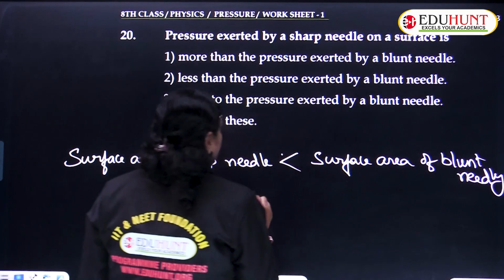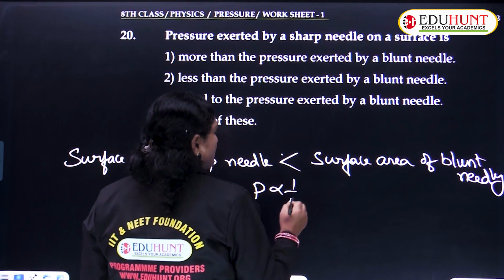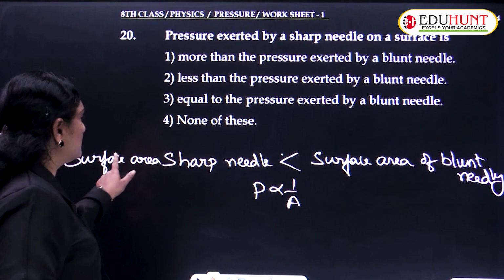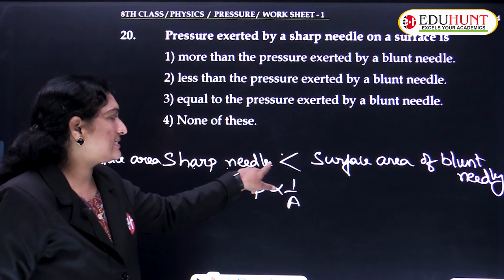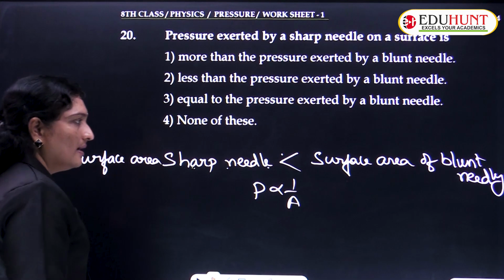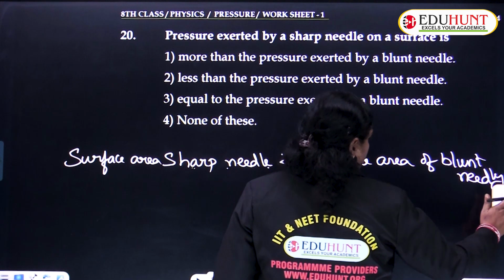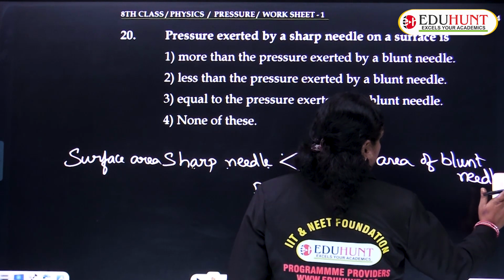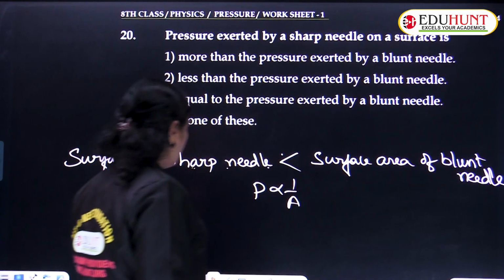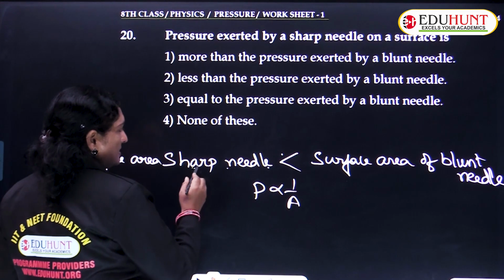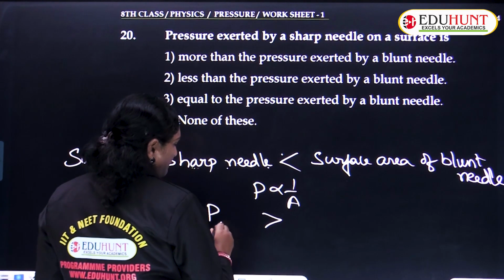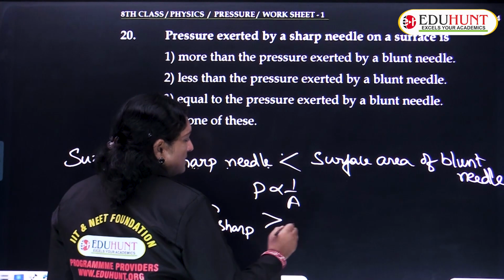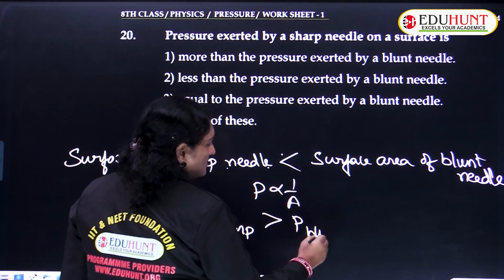But as we know that pressure is inversely proportional to area, so which is having lesser area? Sharp needle has less area, blunt needle has large area. So this indicates that since area is small, pressure of the sharp needle must be greater than the pressure of the blunt needle.